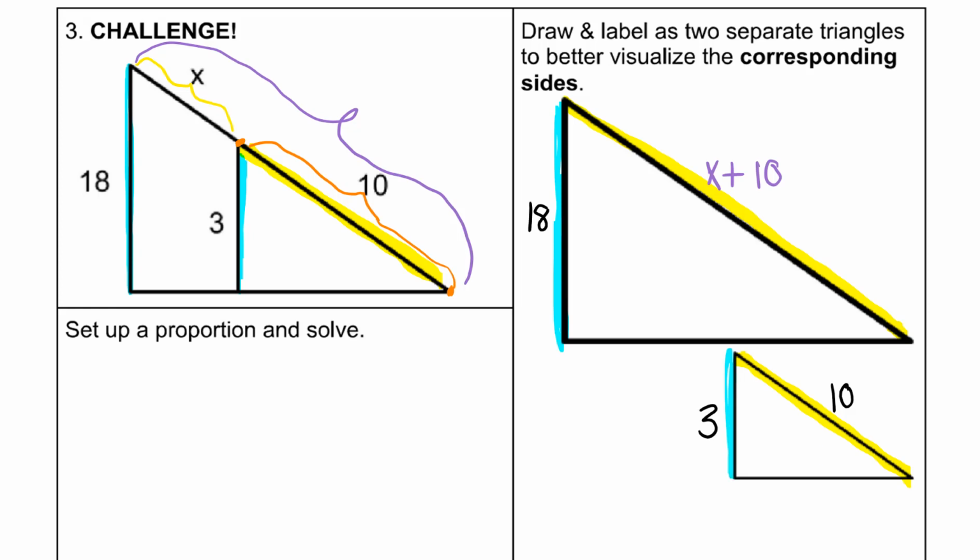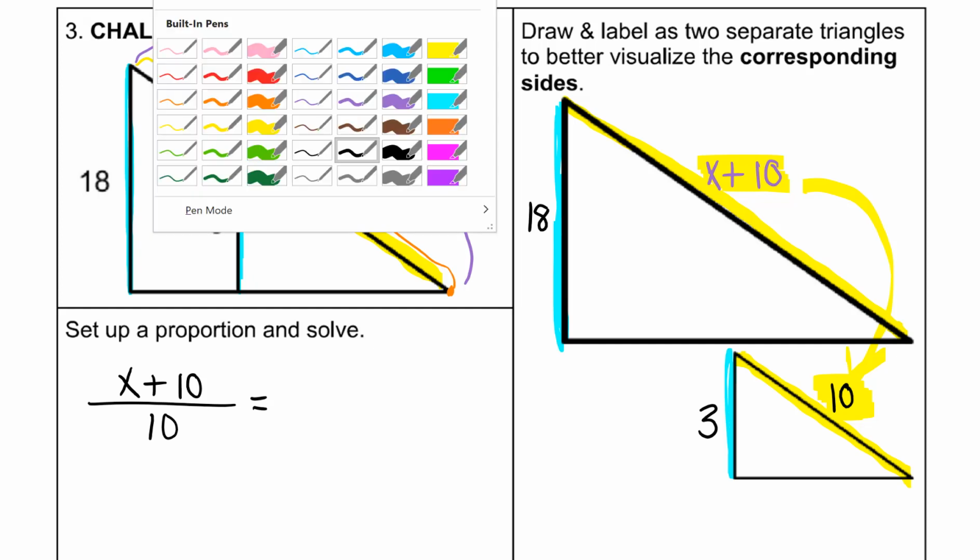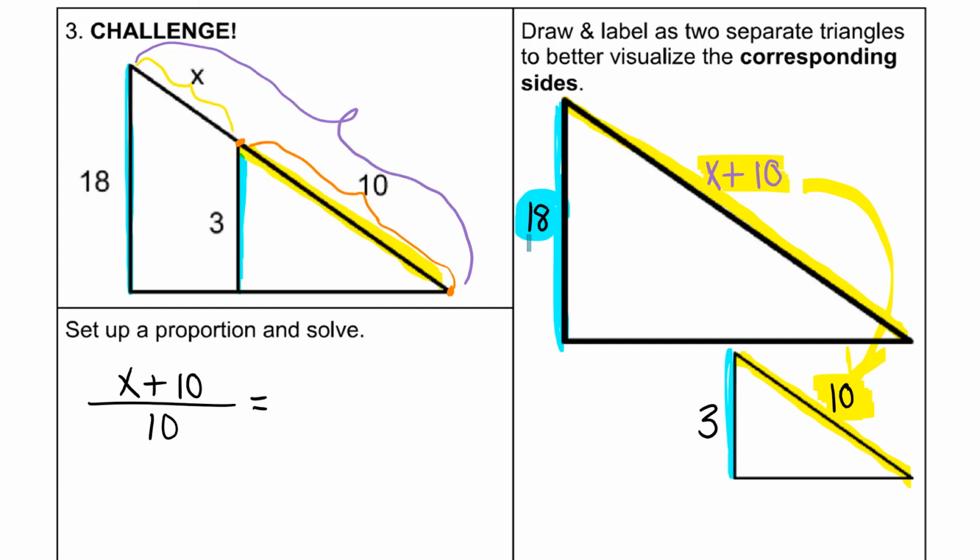And they didn't actually give us another set of sides, so we will just use these two ratios. So I'm going to start with x plus 10 over 10 as our first ratio. And then we have the other side, 18 over its corresponding side, 3.